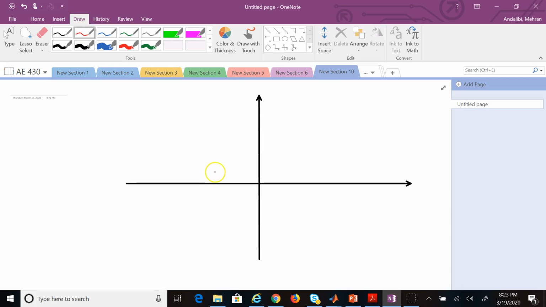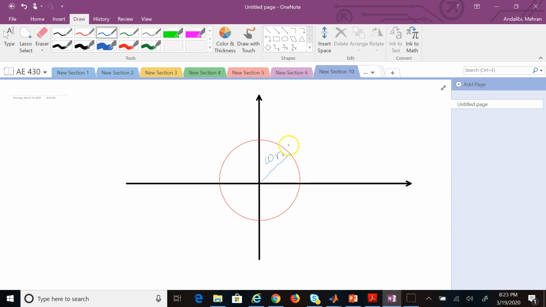If I have a circle centered at the origin with a radius equal to omega n, that's the locus of constant omega n.